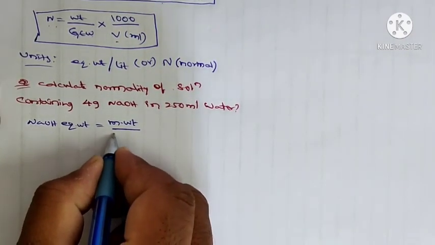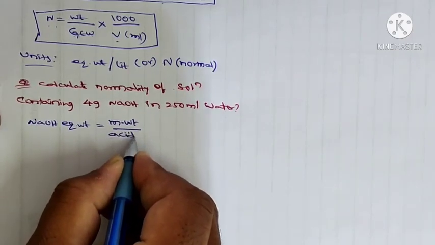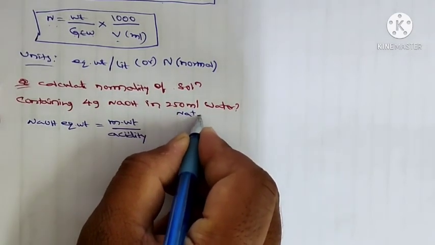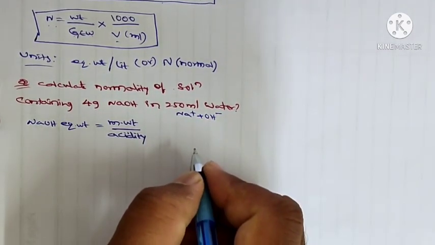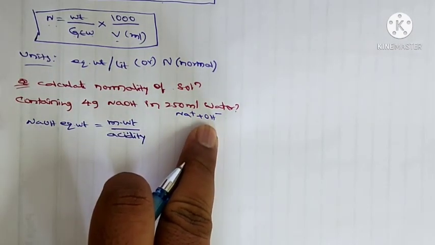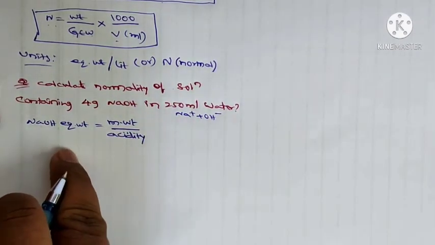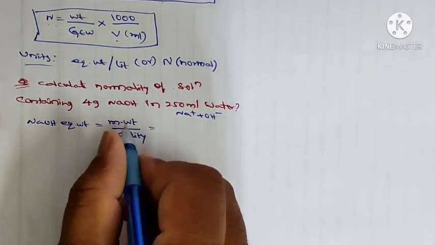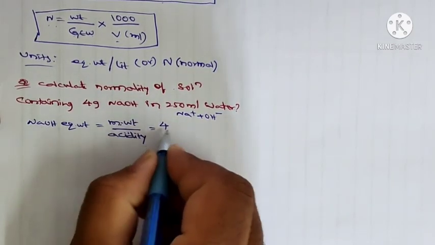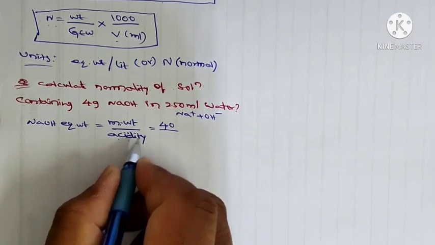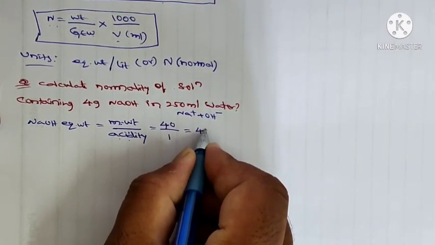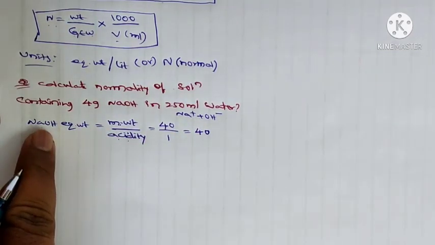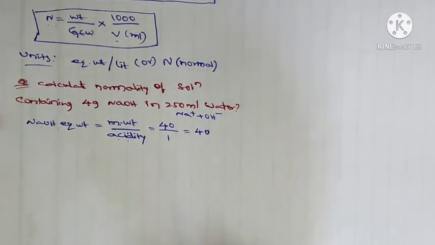NaOH dissociates into Na plus and OH minus, so it can give one OH. So the acidity of NaOH is 1, and molecular weight 40 divided by acidity 1 is equal to 40. So the gram equivalent weight of NaOH is 40.